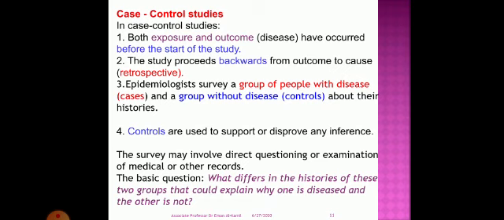So in a case control study, the researcher will just ask questions, or perform certain examinations, or take from other records in order to see the history or the risk of exposure. So the basic question is: what differs in the histories of these two groups that could explain why one group is diseased and the other is not?